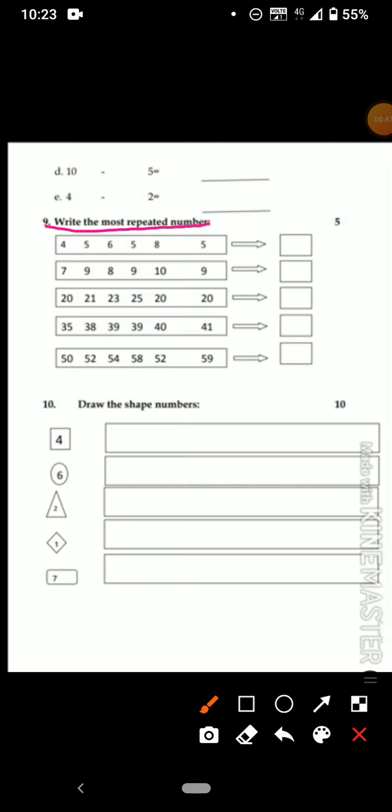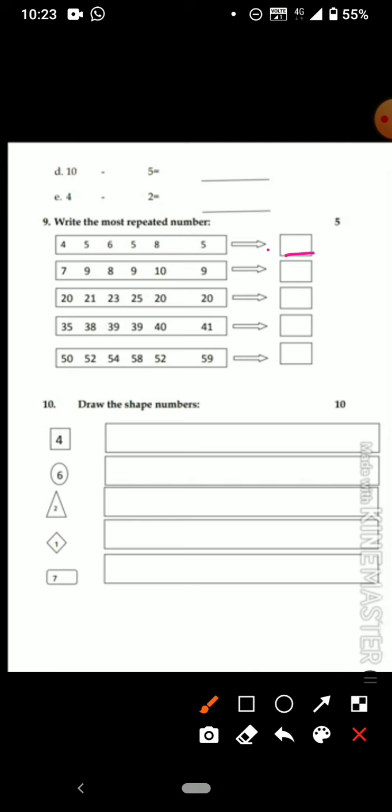Next, write the most repeated number. They have given some numbers, 4, 5, 6, 5, 8, 5. You should write the repeated number, the one repeated 3 times, not the one repeated 2 or 1 time. You should write it in the box. Here 4, 5, 6, 5, 8, 5, so 5 came 3 times. The answer is 5.